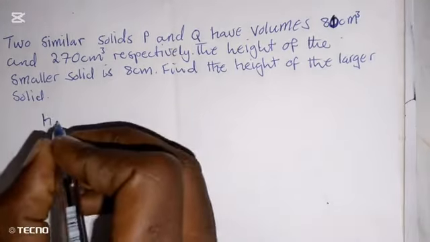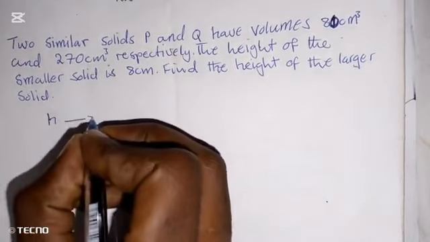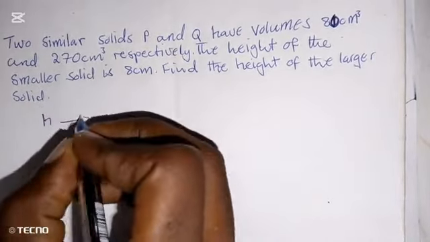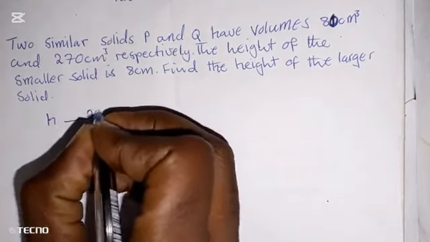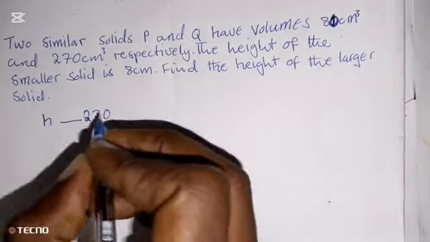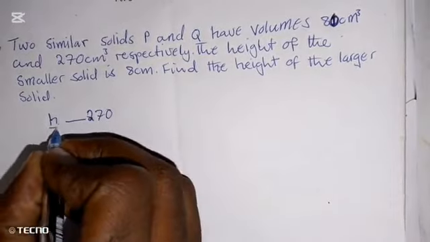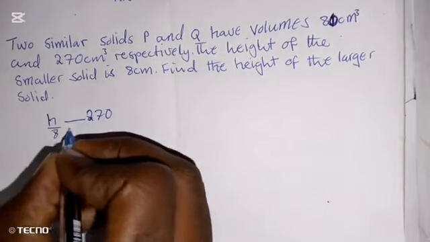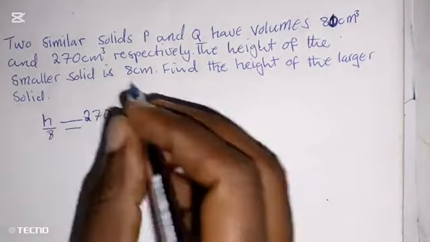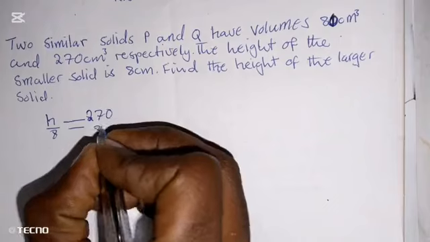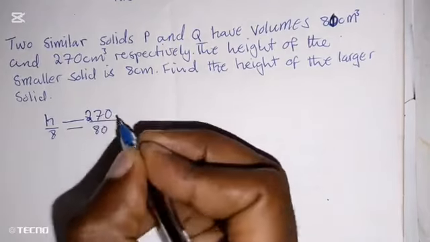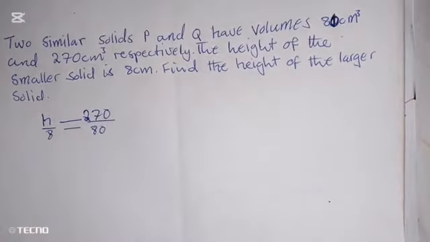So H here, the big one, will go with 270. These are ratios. So it's 8, also this one, which is 8. These are ratios, so we can write them as a fraction.